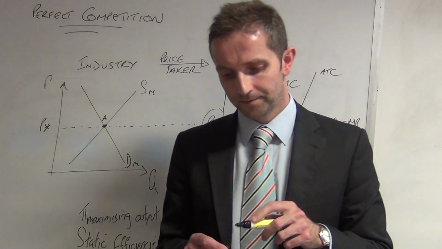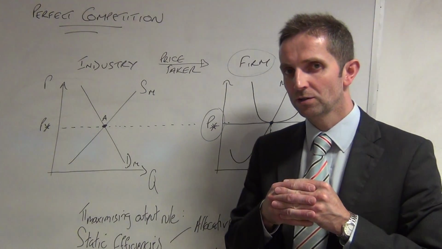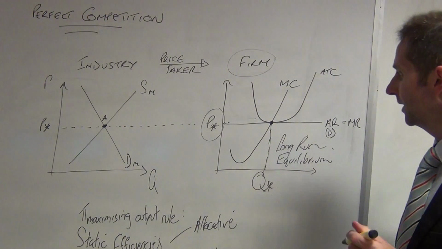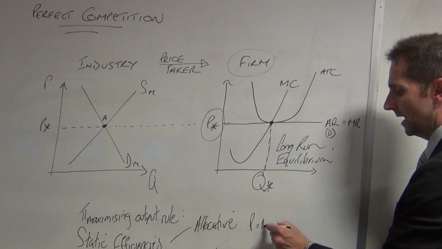A firm is said to be allocatively efficient if it's producing everything that the consumer wants, or, on our diagram, we are looking for the point at which P is equal to MC.